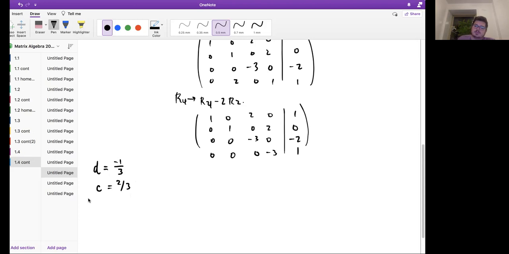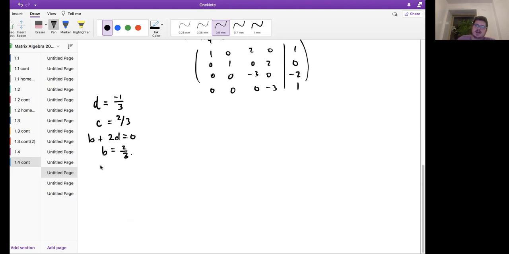All right, b plus 2d is equal to 0. So that means b is equal to 2/3. And then what's a? A plus 2c is equal to 1. So a is equal to 1/3. So what is the inverse?